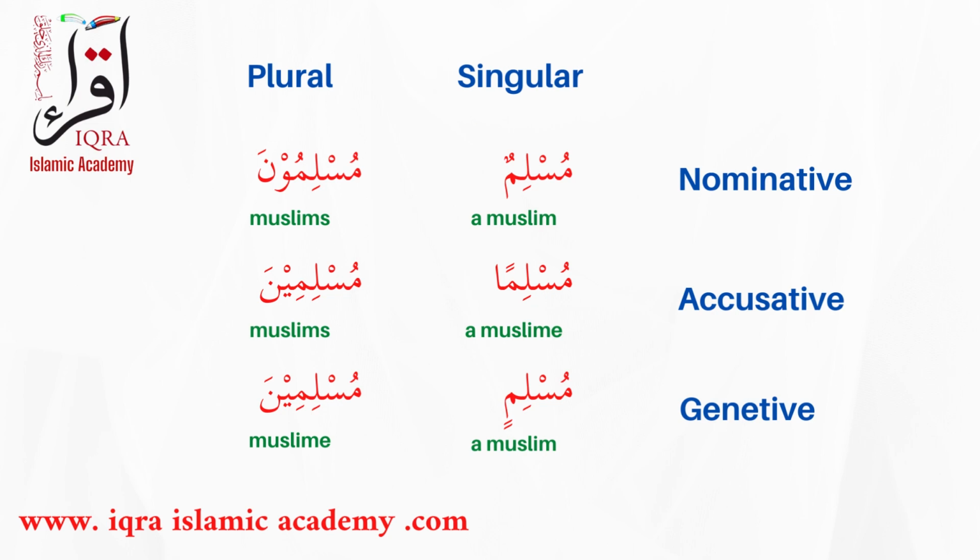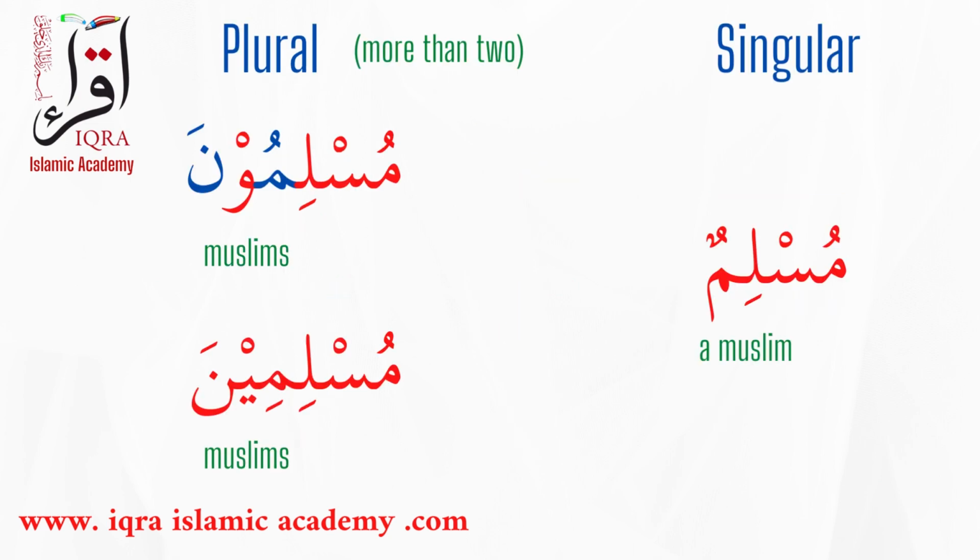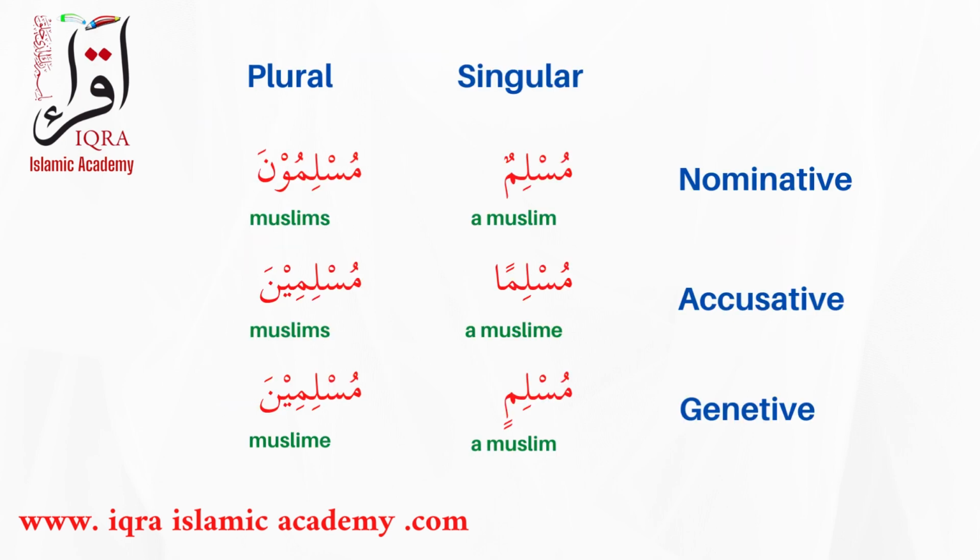You can see that waw and noon are added, and the preceding letter, which is meem here, is getting a dhamma. Muslimuna, and the noon is getting a fatha. In accusative case, Musliman, Muslimina.